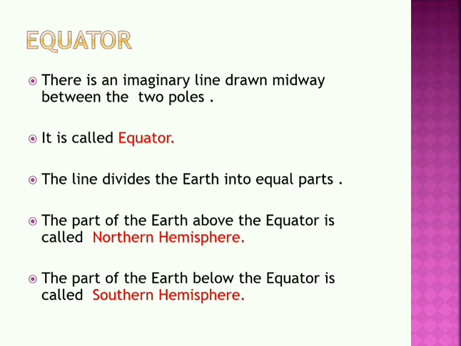The part of the earth above the equator is called the northern hemisphere, and the part of the earth below the equator is called the southern hemisphere.